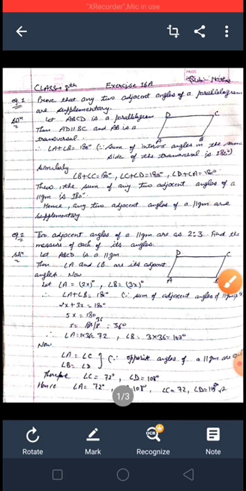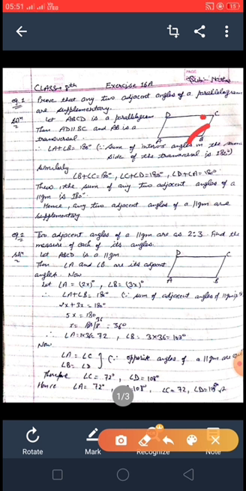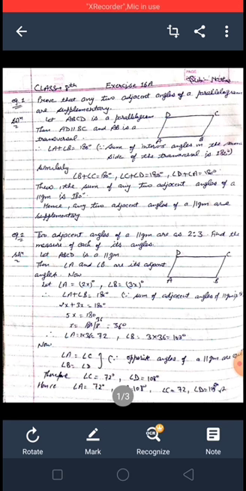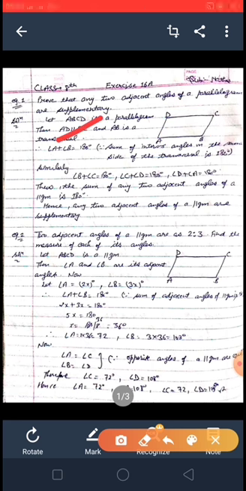Clear? Similarly, you can find angle B plus C: AB and CD are parallel, BC is the transversal line, so it will become angle B plus angle C is 180 degrees. Similarly, angle C plus angle D, BC and AD are parallel and DC is a transversal line, and so on. So we get angle A plus angle B is equal to 180 degrees, angle B plus angle C 180 degrees, angle C plus angle D 180 degrees, and angle D plus angle A is equal to 180 degrees.